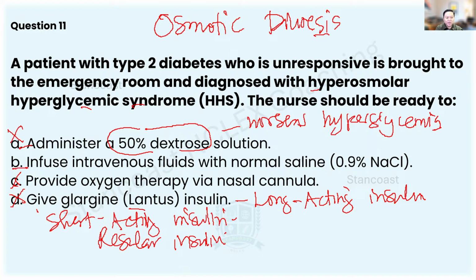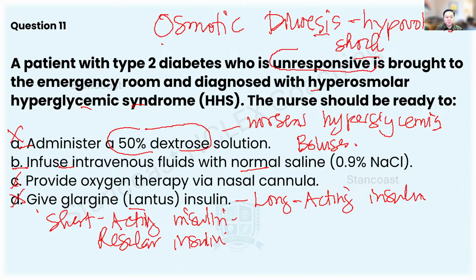So what you should do here is infuse IV fluids with normal saline. Boluses. We are talking about boluses. Liters upon liters of normal saline, because they are possibly going to be in hypovolemic shock, or they are probably in this state already, right? The patient is unresponsive.